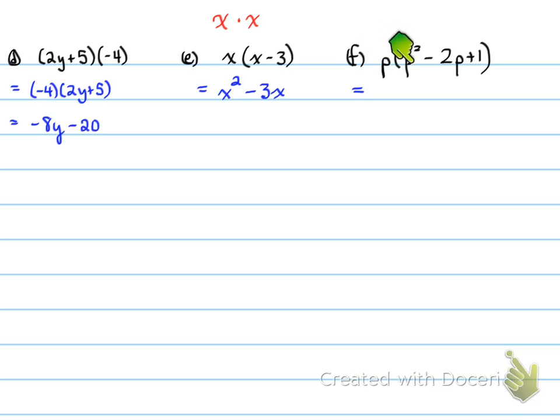P times p squared. What will that give us? Well, we have 1 p here and 2 over here. So total of p cubed. And then p times minus 2p is minus 2p squared, plus 1 times p, which is p.